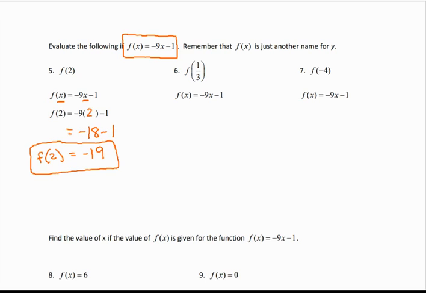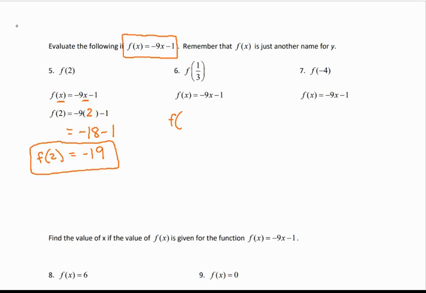If you are writing things down, make sure to put the original problem. So for number 6, write f of 1/3 and then write the function we're using. And so what is this one saying? It's saying plug in 1/3.